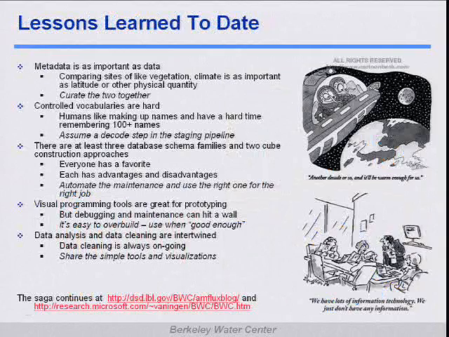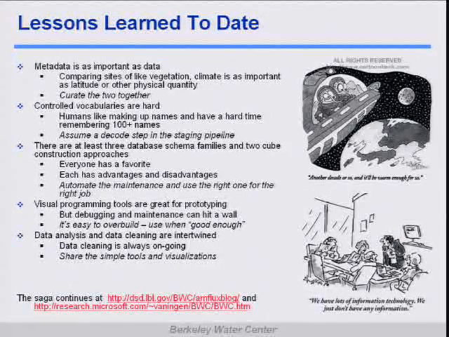Okay. So what have we learned so far? Well, I think the first thing we learned was that the metadata, the stuff like climate, leaf area index, is as important as the data. There's an awful lot of attention these days on web download and things like that.